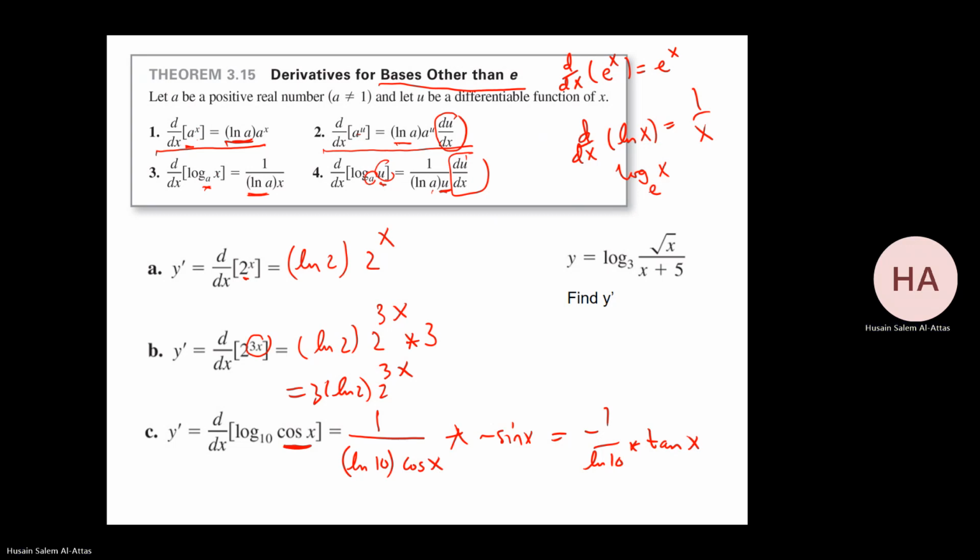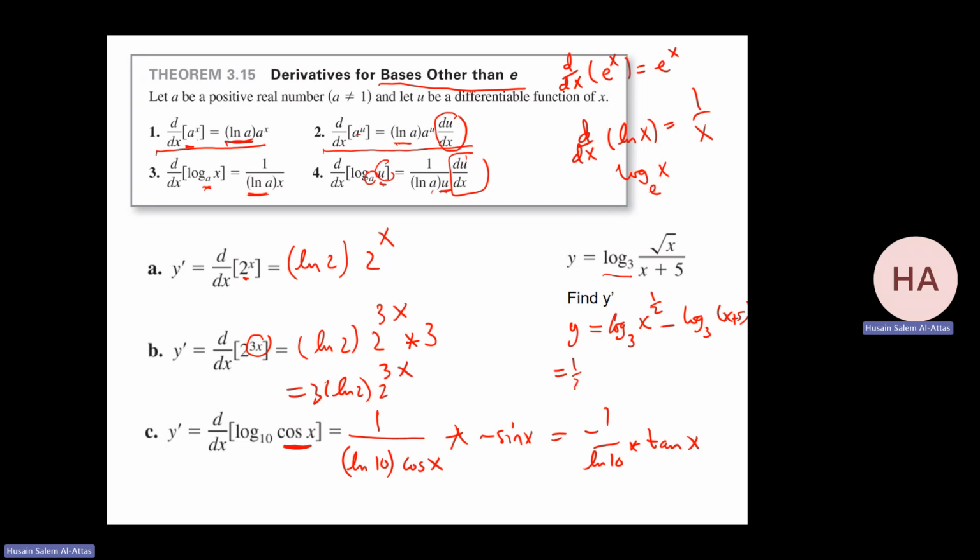This one, as we said before, if I have log of something over something, or something times something, sometimes it's easier to rewrite the function. Before I start finding y prime, I need to rewrite the function. I have log with the base 3, this is x to the power half, minus log with the base 3 of x plus 5.